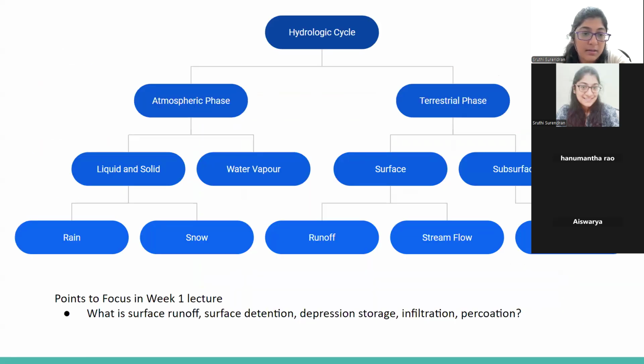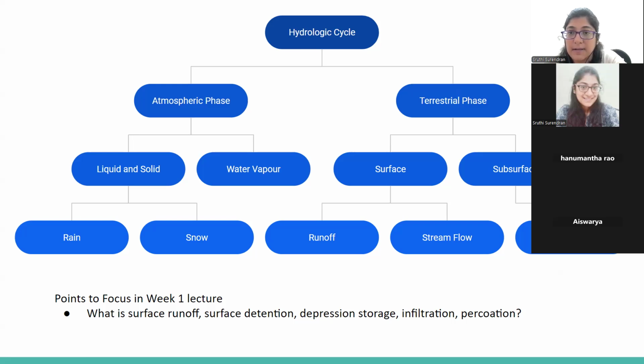Now, this is another portion that we had discussed: what is the hydrological cycle and what are the different phases in the hydrological cycle. There is the atmospheric phase and the terrestrial phase. What is the atmospheric phase? This atmospheric phase is the liquid, solid, and water vapor occurring in the form of rain, snow, and evaporated water.